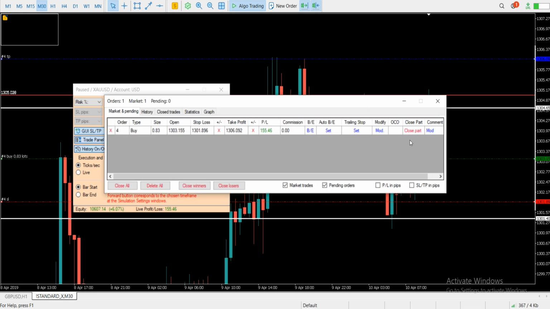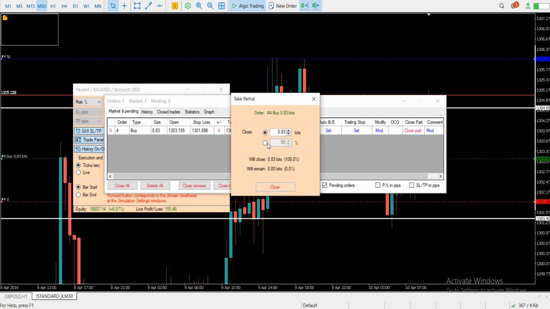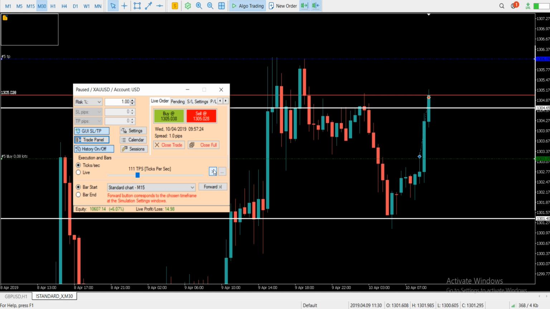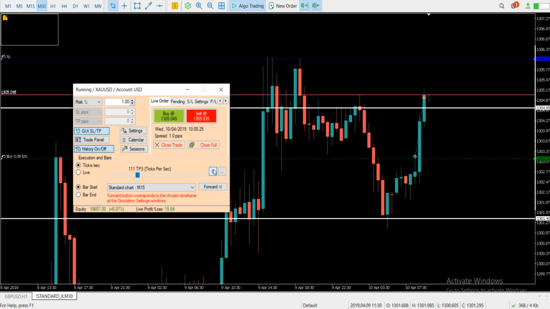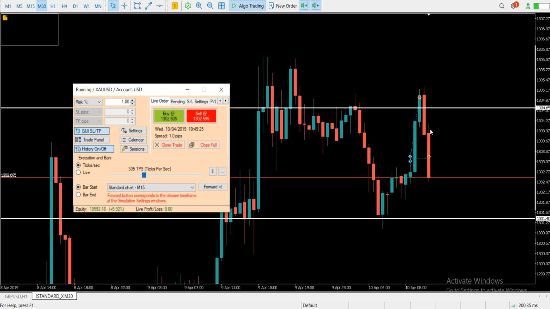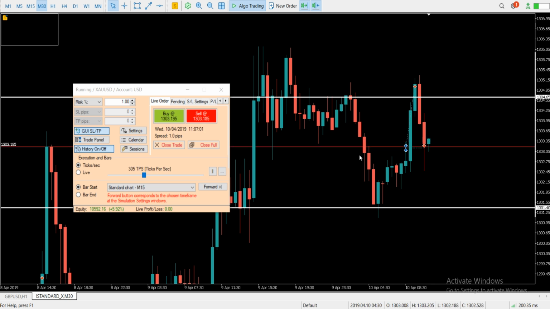Actually, I will do the same thing because I don't want to ruin my profits. Close, break even, and let it run. If it hits, perfect. My confidence will be increased. If not, then that's okay, because my stop loss is at break even. I have put some money on the table, like some fake money on the table. So okay, this is now coming down maybe to create support and then go up. Yeah, I think I have made a very good decision.